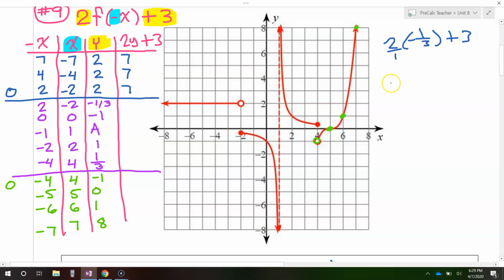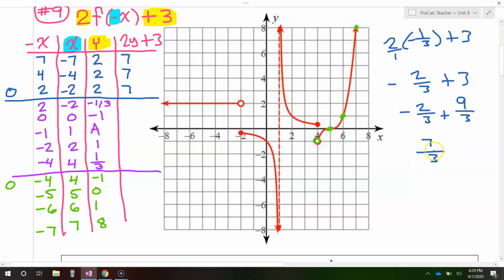You multiply straight across. So this is going to be negative 2/3 plus 3. That's going to be negative 2/3 plus 3, which is the same thing as 9 over 3, right? 9 divided by 3 is 3. Like denominators. So that's going to give me 7 over 3.